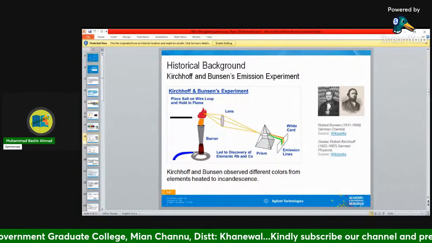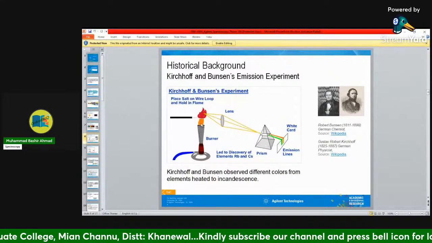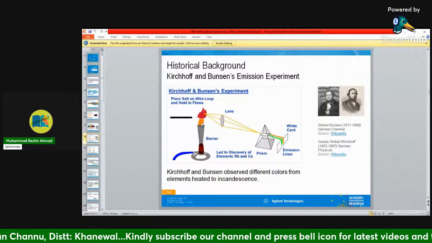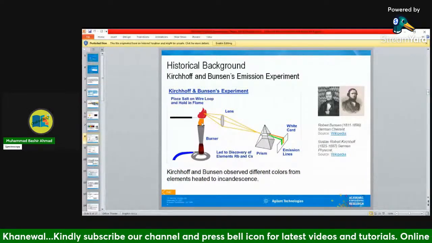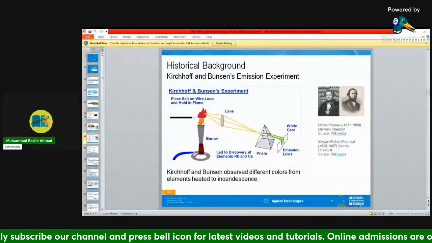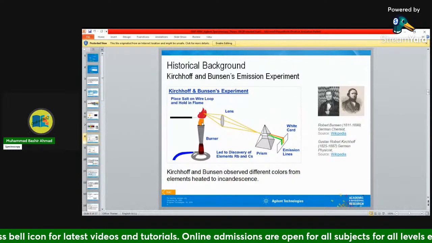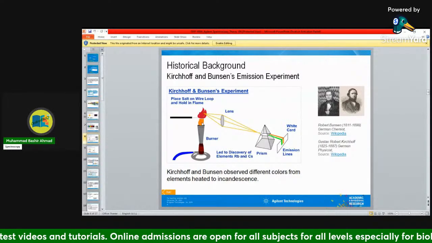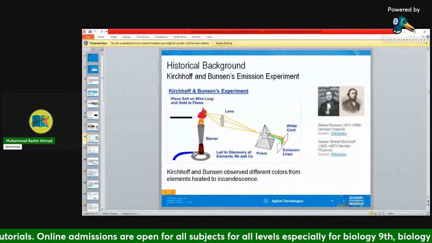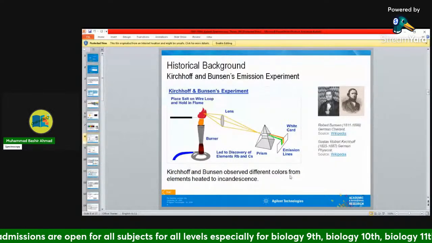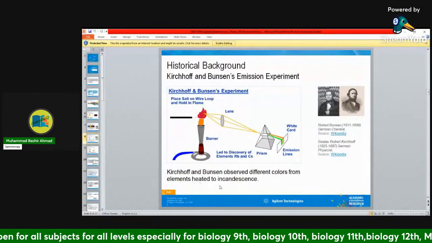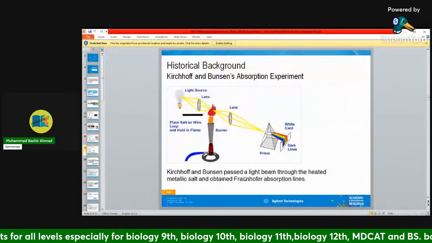So we can observe which type of element, which metal or non-metal, emits a certain wavelength of light, which color of light. Kirchhoff and Bunsen observed different colors from elements heated to incandescence.